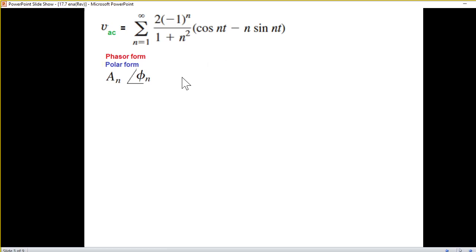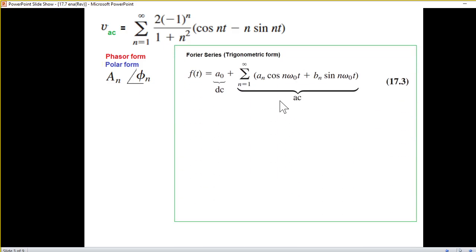Now, to solve this circuit, we have to write it in somewhat this form, that is phasor form, or we can say polar form as well, that is the magnitude and phase angle. And from trigonometric Fourier series, we are looking at this and try to compare with this.